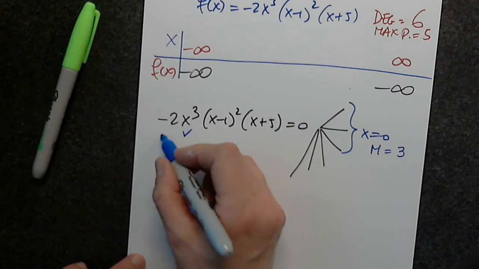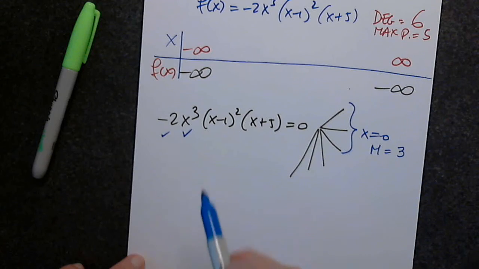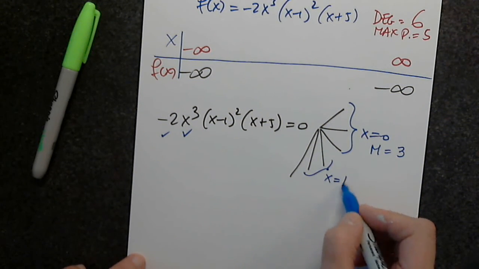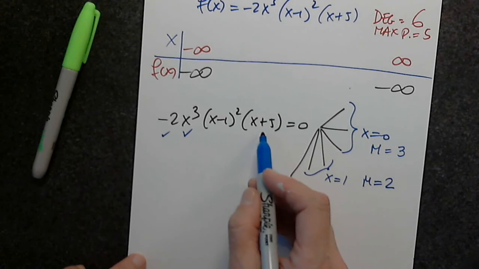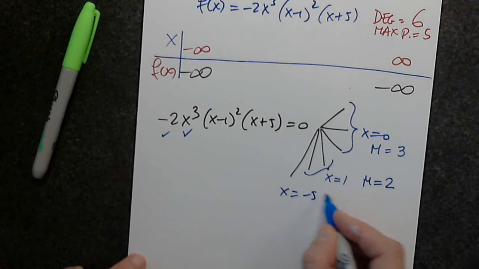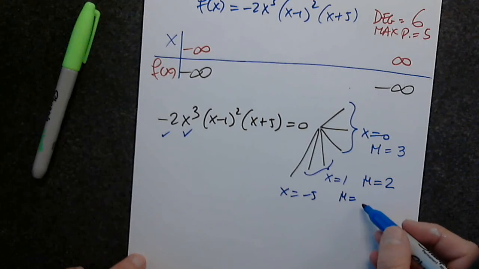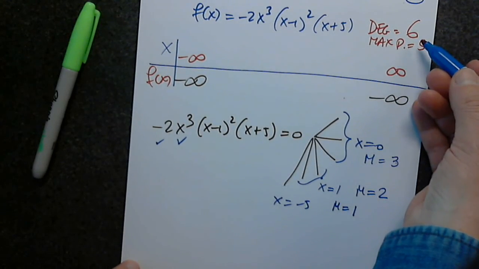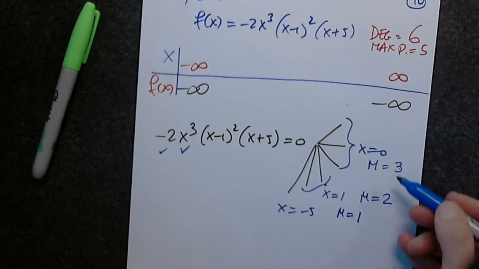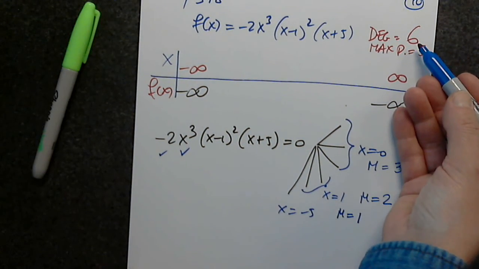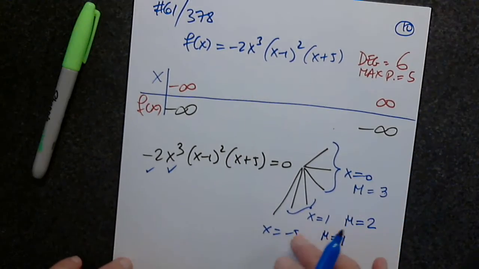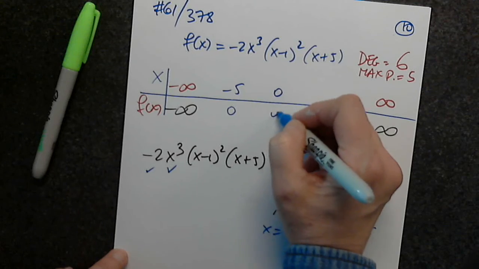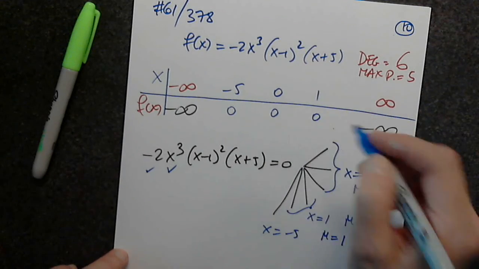Excellent. x equals 1, how many times? 2. And x equals negative 5, 1. 3 plus 2 plus 1, does it equal the degree 6? Yes. Perfect. So I put them in the correct order: negative 5, 0, and 1.